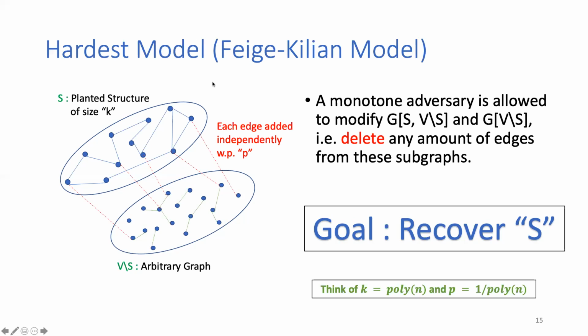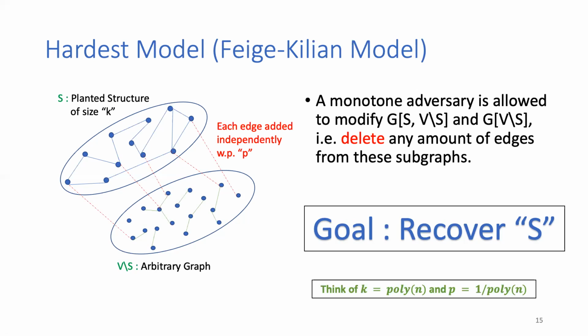Then one of the hardest models in this semi-random model regime is the Feige-Kilian model, named after these two theoretical computer scientists. The Feige-Kilian model talks about when V minus S is an arbitrary graph.